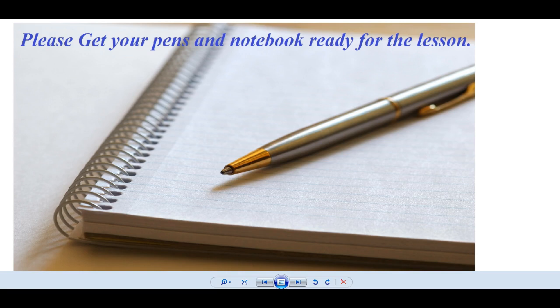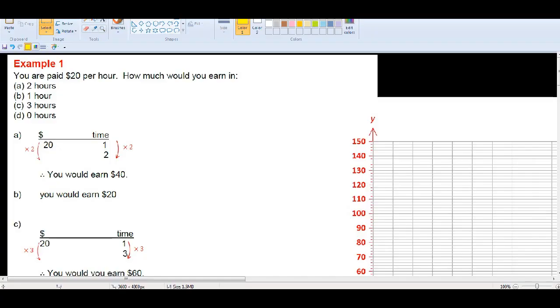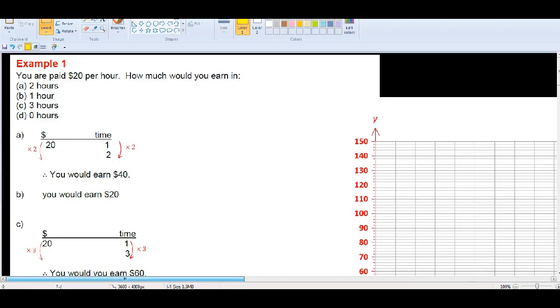Okay, so let's have a little revision of what we did last time. Here's the situation. You are paid $20 per hour. We are going to find what you would be paid. There are four different situations, right? One is if you work for 2 hours, 1 hour, 3 hours, and 0 hours.